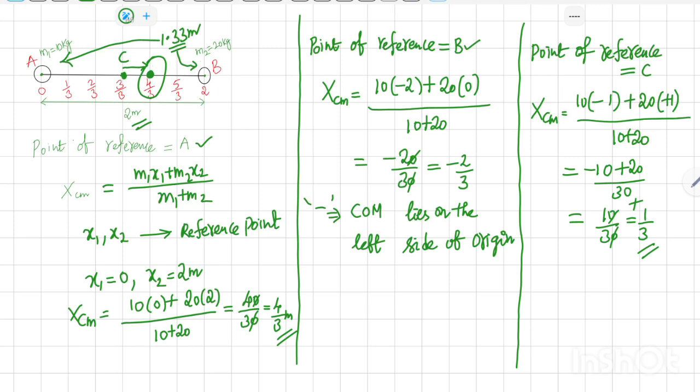It is somewhere near to mass B. Therefore, from this what we can conclude is the center of mass always lies near to the heavier mass. In this case, out of 10 kg and 20 kg, 20 kg is the heavier mass. Therefore, the center of mass lies near to 20 kg.